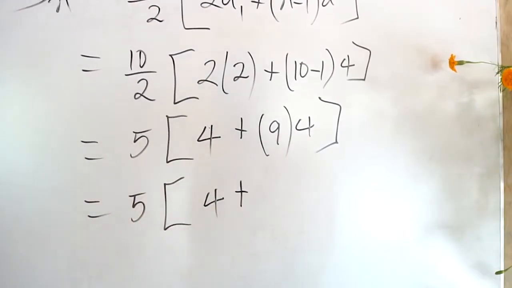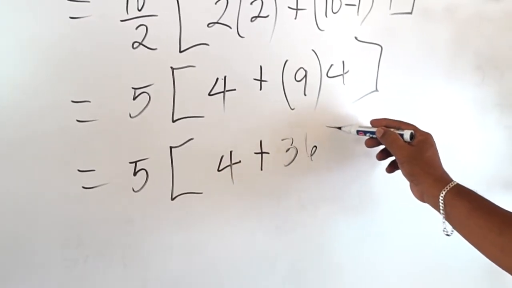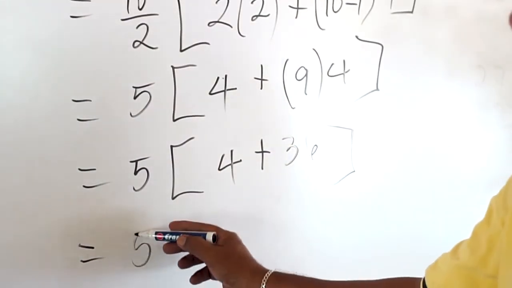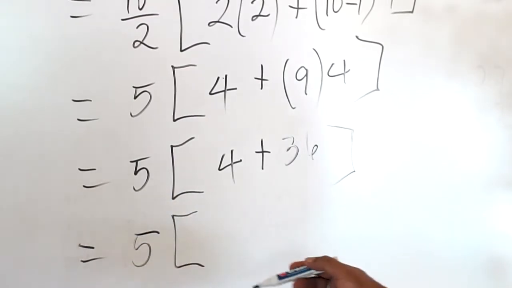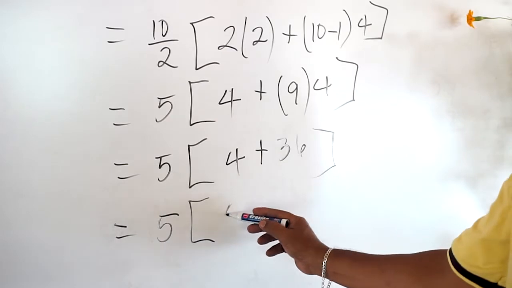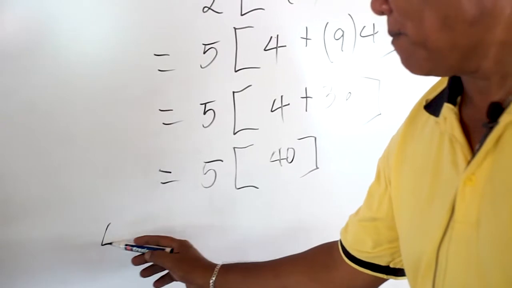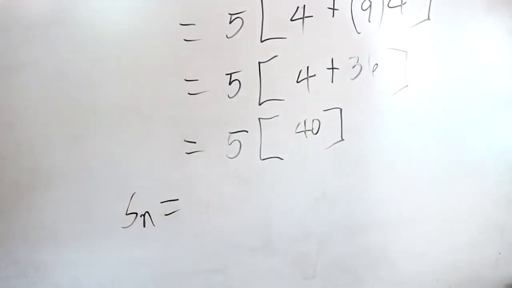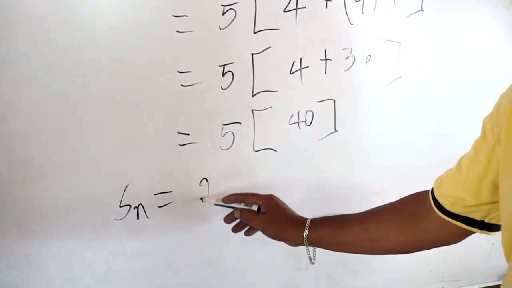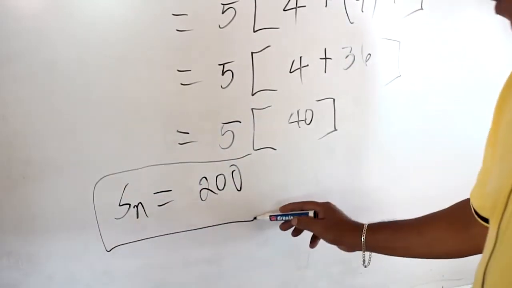So the product is 36. Then close brace. The next, we have 5, open brace, 4 plus 36 equals 40. The next, multiply. So the sum is equal to 40 times 5. So the product is 200. So the sum is equal to 200.